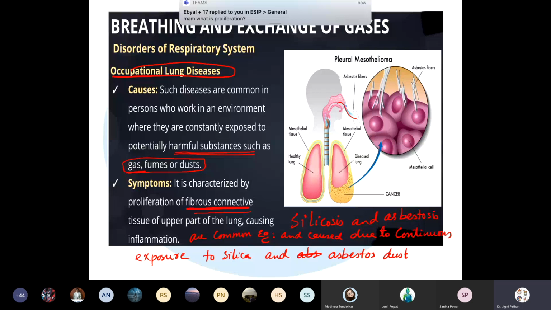We have studied the pleural membrane: parietal pleura and visceral pleura. The covering of the lung is called the pleural membrane, or pleural mesothelium. It's the same thing, just another name for the covering of the lung.